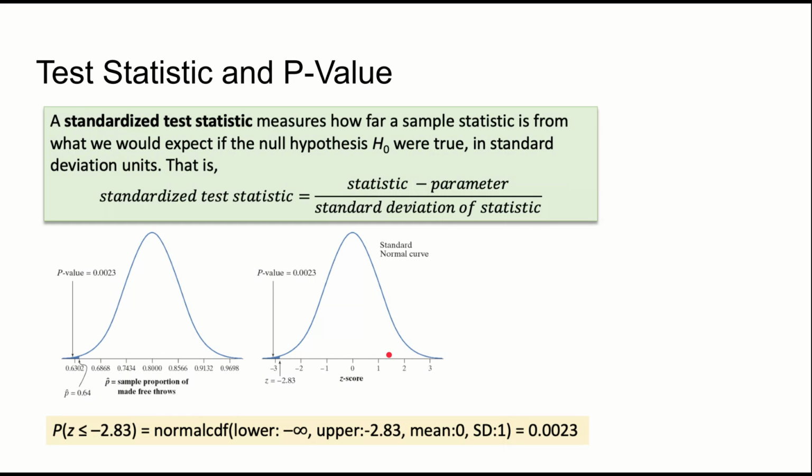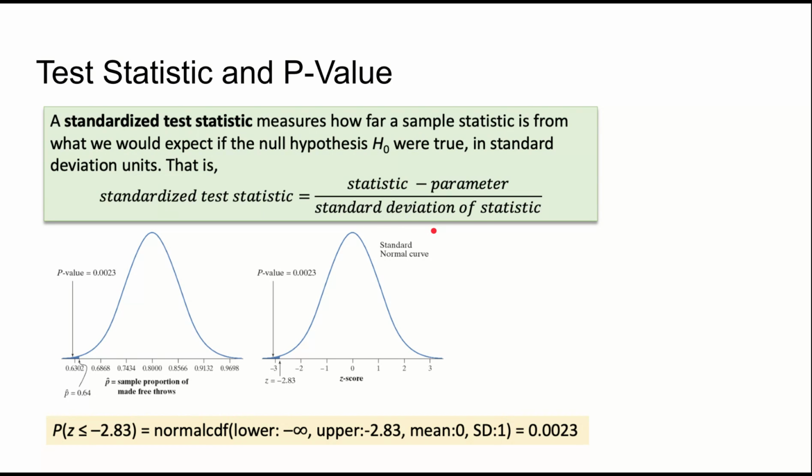All right, let's talk about a test statistic and p-value. A standardized test statistic measures how far a sample statistic is from what we would expect if the null hypothesis H naught were true in standard deviation units. That is, the test statistic is equal to the statistic minus the parameter divided by the standard deviation of the statistic.